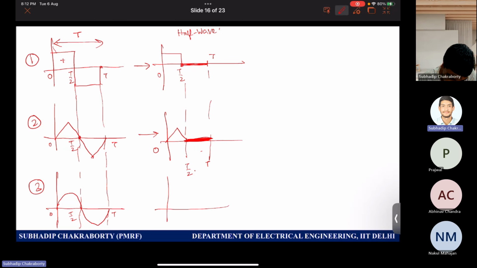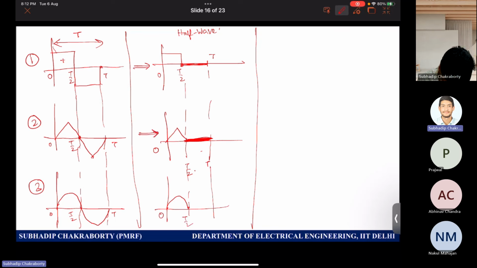And if you do it for the sine, then this will be the scenario, right? Maybe this is y3, y2, and y1. y1 dash, y2 dash, y3 dash.